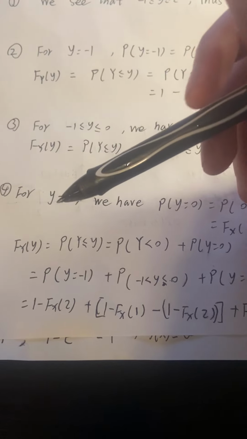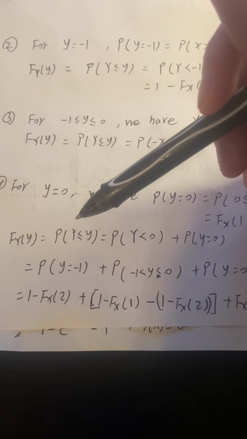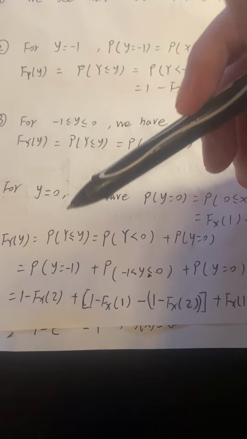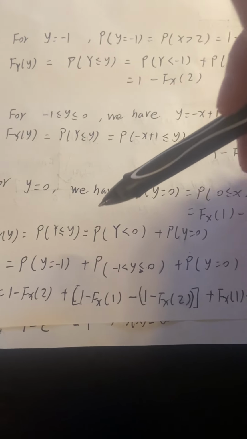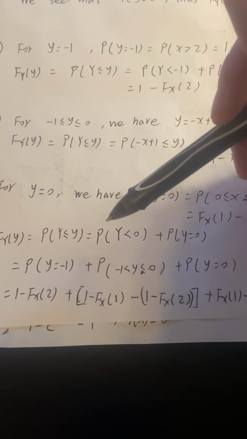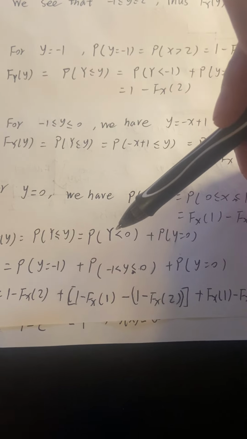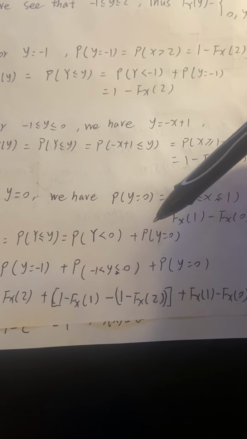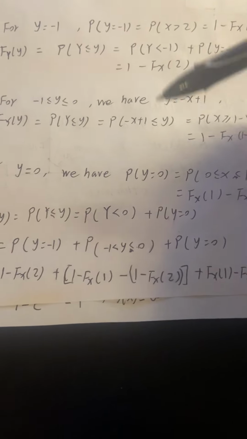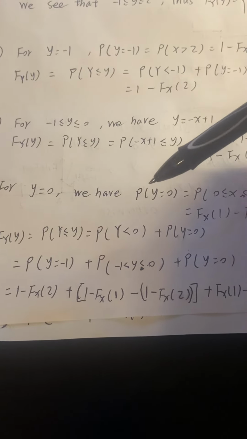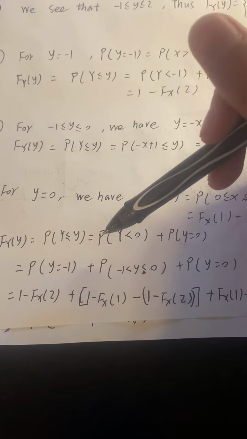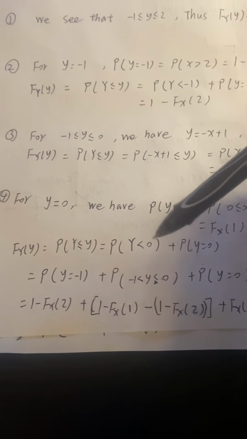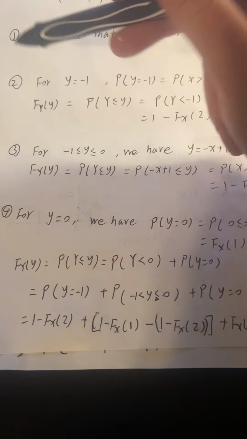So the distribution function of y can be revised as the probability of y less than 0 plus the probability of y equal to 0.